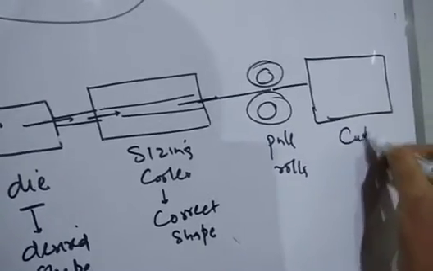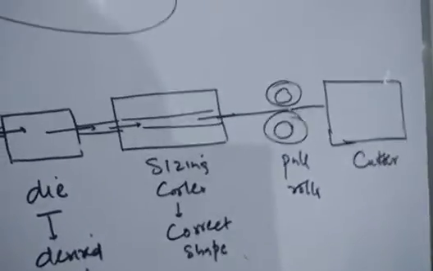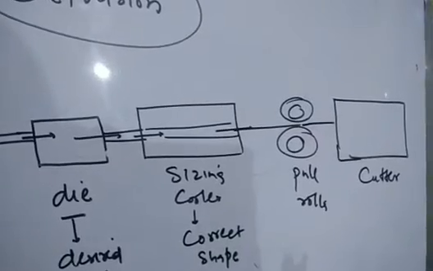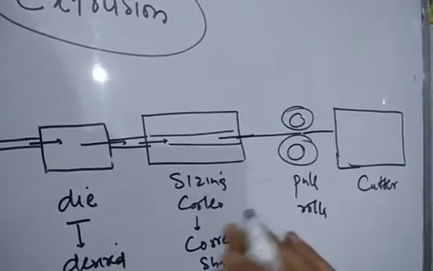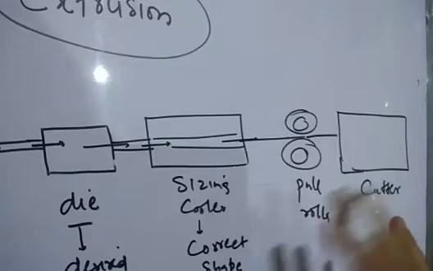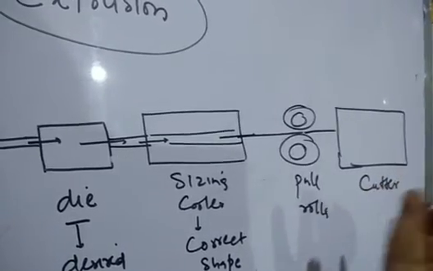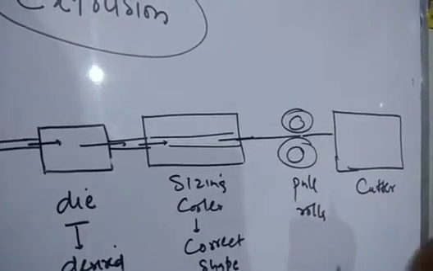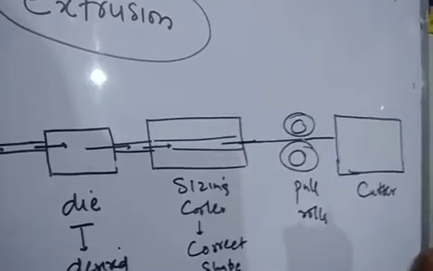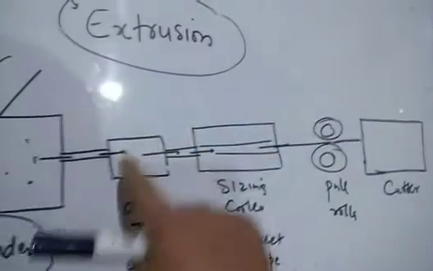So finally we have a setup in the extrusion method that's called as a cutter. So what that cutter does is that it finally provides you the final product, a final desired shape of that particular polymer. That shape will be as per the die.